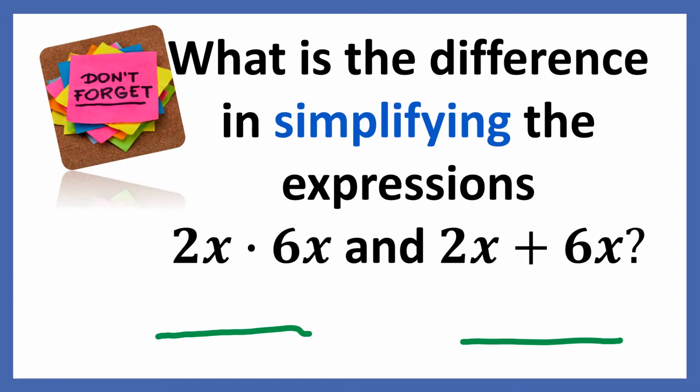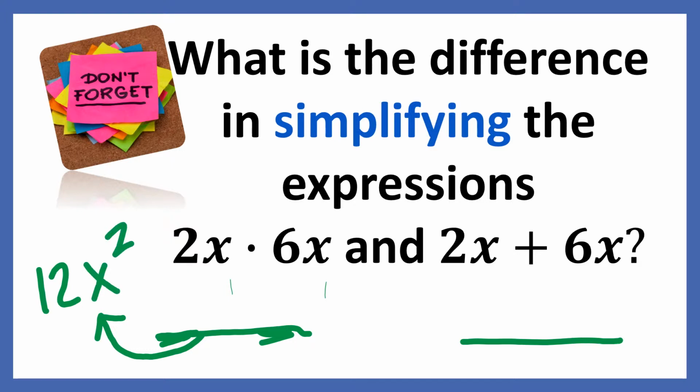If you have 2x times 6x, when you're multiplying, you multiply the numbers in front, in other words, 2 times 6, and that gives us 12. And you take your powers, which is a power of 1 and a power of 1, and you add them. So this is x to the second power. So when we're multiplying, multiply the numbers in front, add powers.